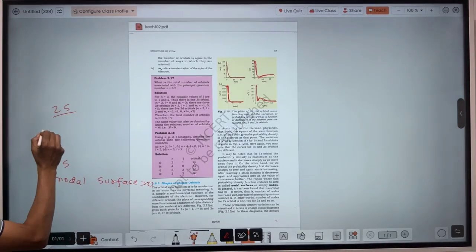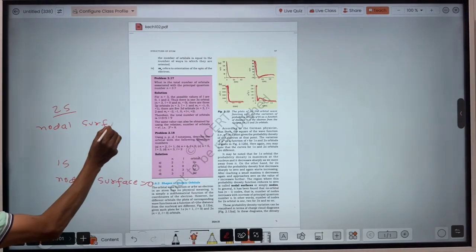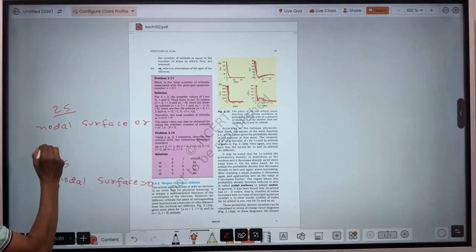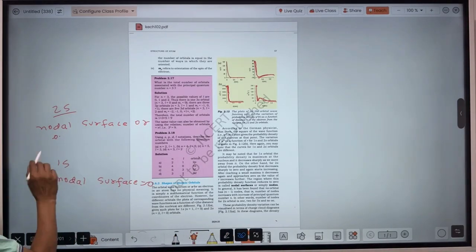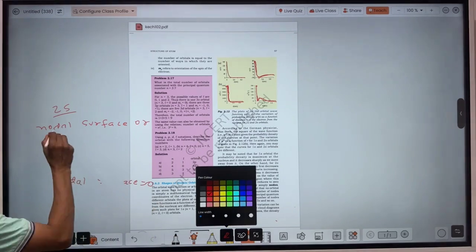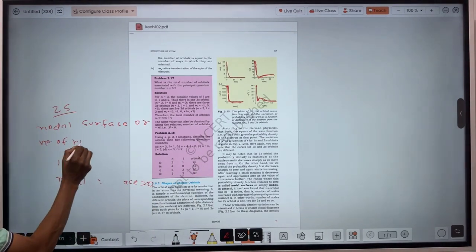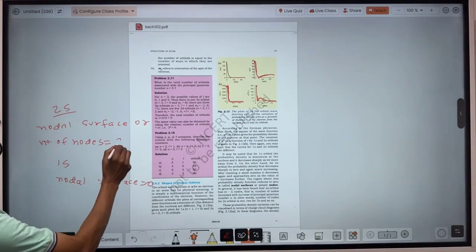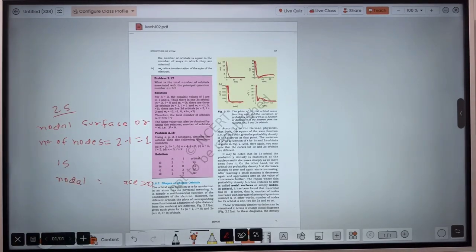For the 2s orbital, the number of nodes will be 2 minus 1, that is 1. So in case of 2s orbitals, the number of nodes will be 1.